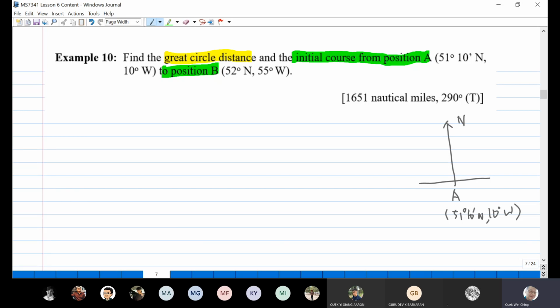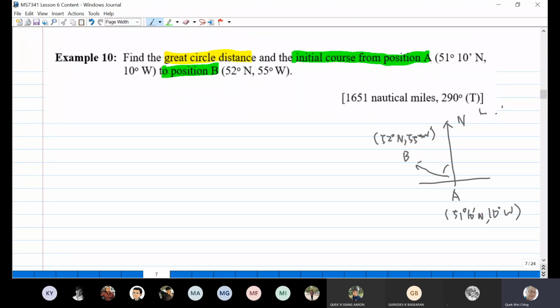So you're going west, so B is somewhere here, a bit higher. So 52 degrees north, you're going north from 51 to 52, and the direction is going west.